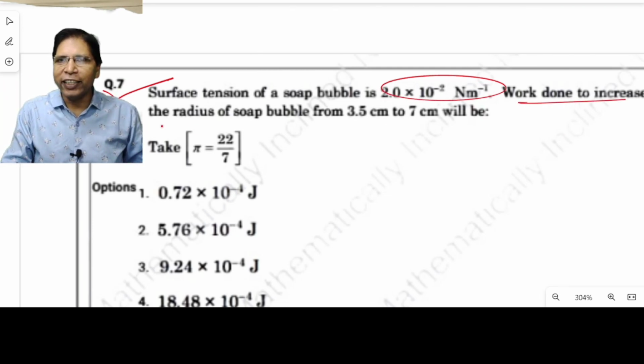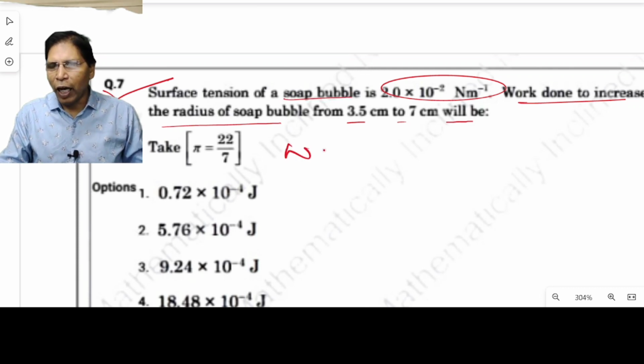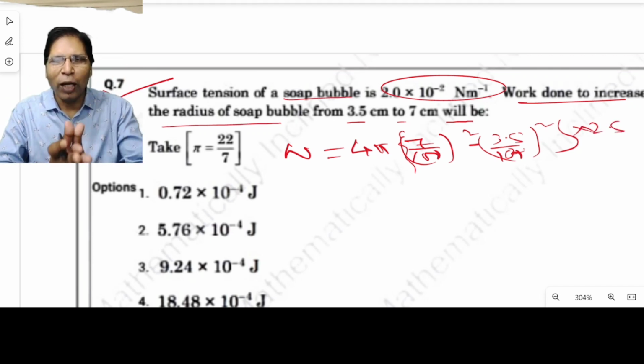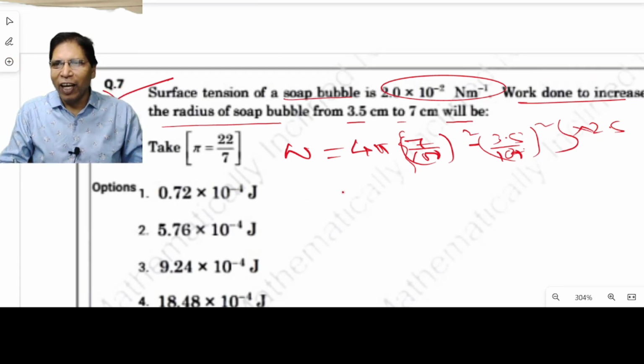Work done to increase the radius of the soap bubble from 3.5 cm to 7 cm will be: in case of a soap bubble, work done W equals 4π times (R2² minus R1²), that is (7/100)² minus (3.5/100)², times 2S, because a soap bubble has two surfaces, one inner surface and one outer surface.